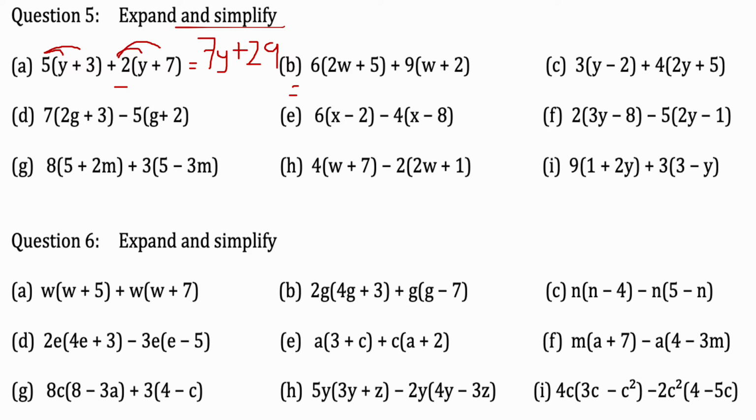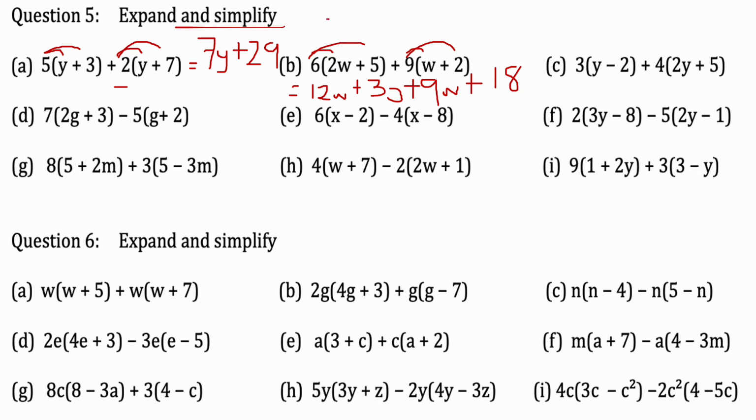Part B, 6 times 2w is going to be 12w, and 6 times positive 5 is positive 30. 9 times w is going to be 9w, and 9 times positive 2 is going to be positive 18.